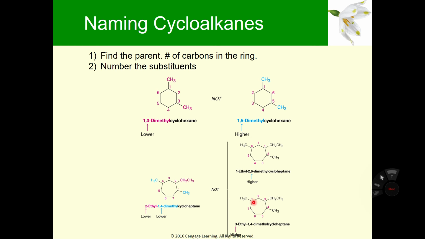If you start from here, we should go the other way like this. If we use this locant system, this is ethyl, this is dimethyl, and ethyl comes before methyl. Therefore, the nomenclature for this compound will be 2-ethyl, 1,4-dimethyl cycloheptane. In this case, 3-ethyl, 1,4-dimethyl cycloheptane. If you compare these two nomenclatures, 2 is lower than 3. Therefore, the nomenclature on the left side is recommended. Okay.